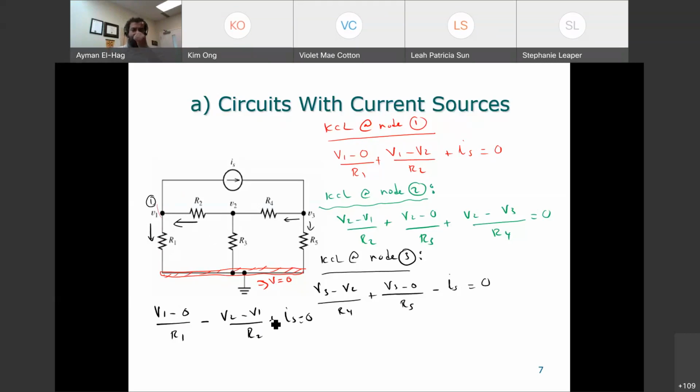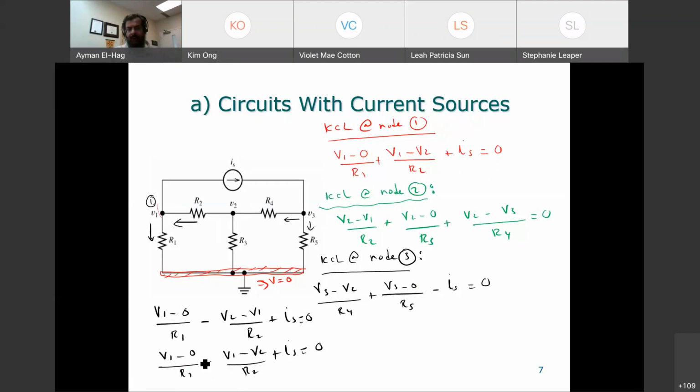So this is the equation we have now, assuming the current is going into the node. This becomes V1 minus 0 over R1. Now I will take the negative as a common factor outside, so this becomes plus, and this becomes positive, and this becomes minus over R2 plus IS equal to 0.